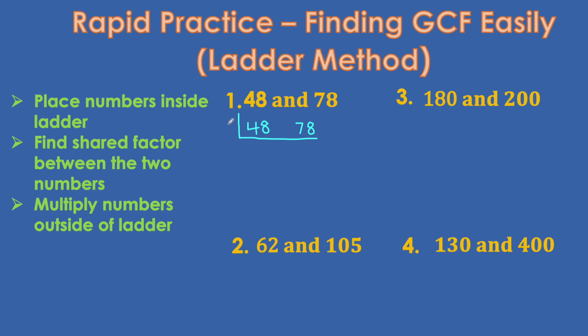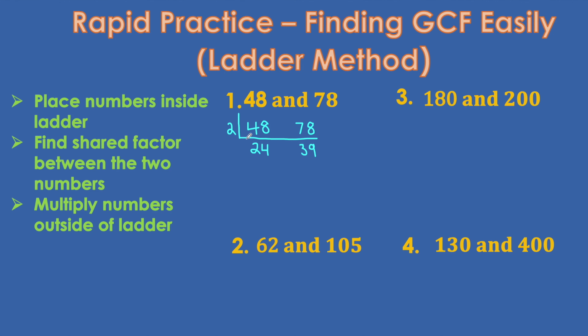Use a common factor of 2. 2 goes into 48 24 times. 2 goes into 78 39 times. We are not finished because there is more than one factor of 1 between 24 and 39, which would be factor 3.